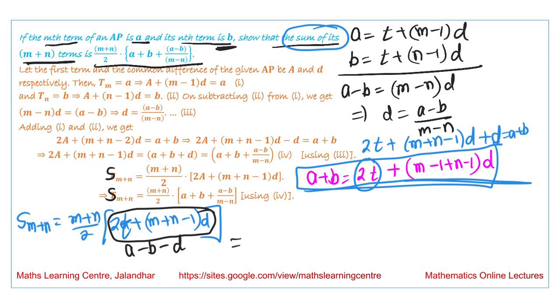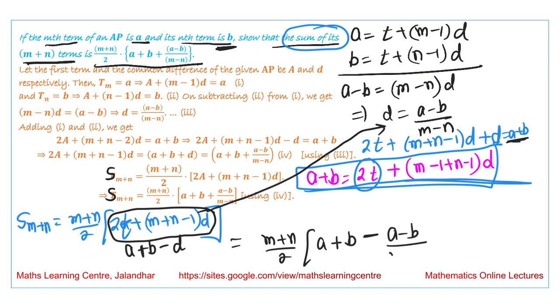So we are saying the sum we obtain is (m + n)/2 × [a + b − (a − b)/(m − n)], and this is what we have to prove.